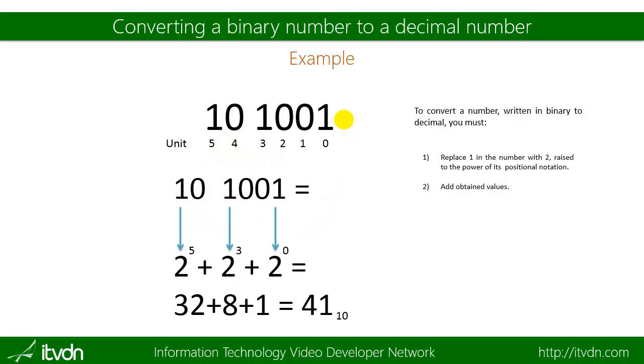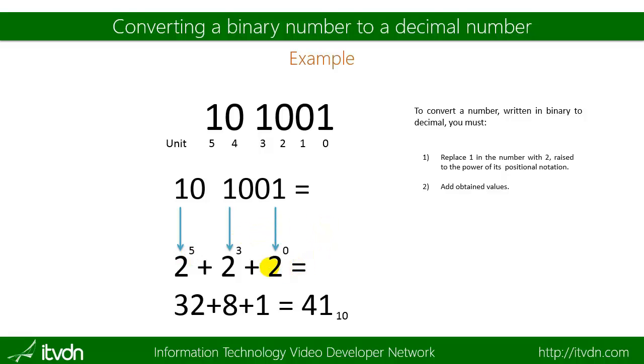Now, writing this number below here and changing all the 1s for 2s, we have 2, 2, 2. In this method of conversion, zeros are not to be converted or replaced by anything. You just omit them.